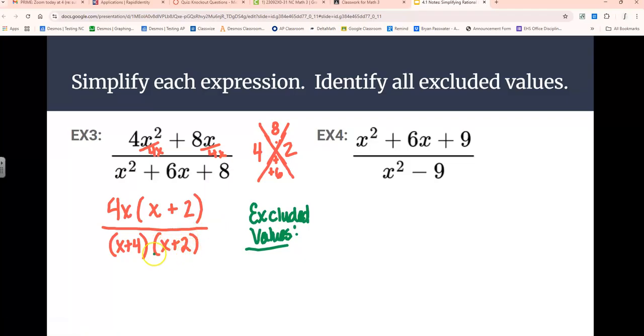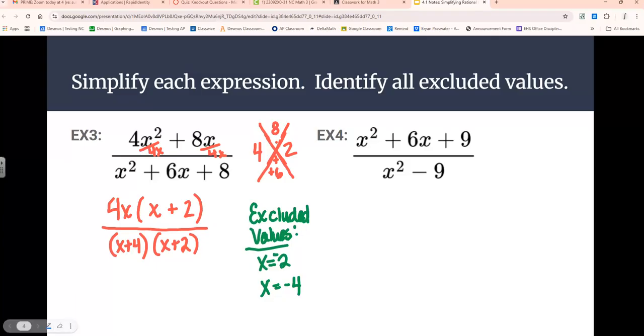Negative 2 would work over here, right? Negative 2 plus 2 would give us 0, right? And so for the 4, what would it be? Negative 4. Good. Oh, that's supposed to be a negative. I didn't write it. So we can't have negative 2 or negative 4 because it's going to give us a 0 in the denominator. So we want to do that before we start canceling.